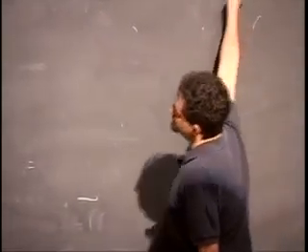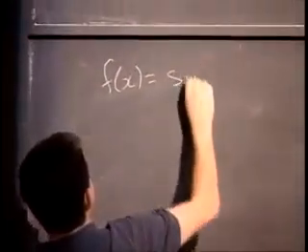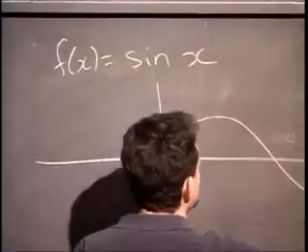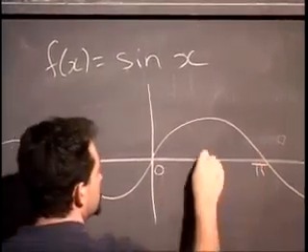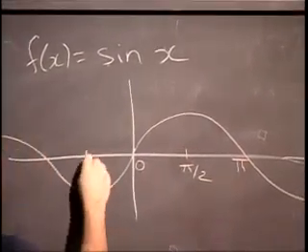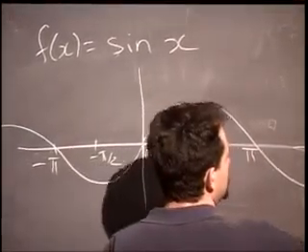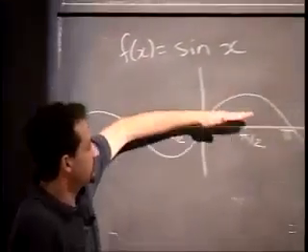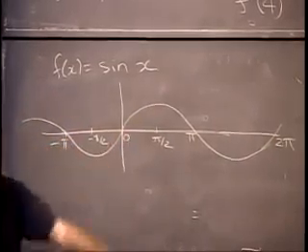So let's start off with sine x. If you draw this beast, etc. It fails the horizontal line test pretty miserably, really. Any of these horizontal lines between minus 1 and 1 actually intersect the curve infinitely many times.